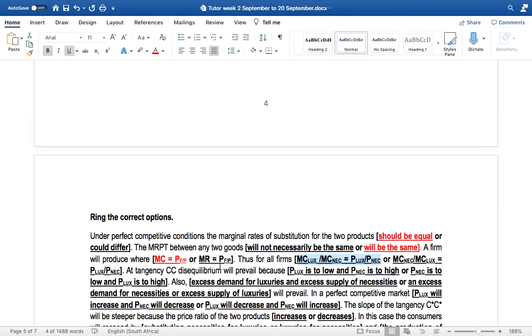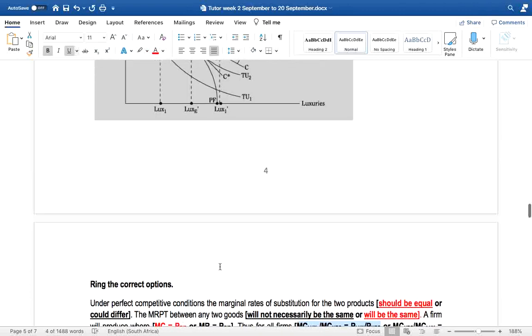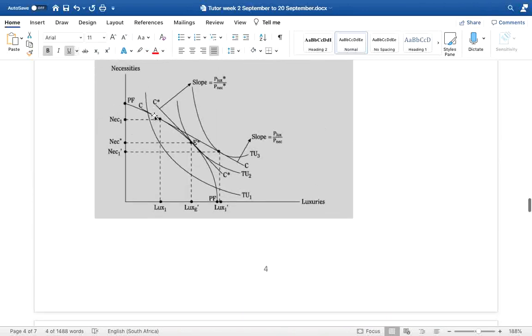At tangency CC, this equilibrium will prevail. Okay, let's look at the graph. So we have our line tangency CC right there. For the firm, they will produce at this point luxuries and necessities, and then individuals would be demanding as much. So at this point we can see there is excess demand of luxuries. As you can see, luxuries is beyond our production frontier, so there's excess demand of luxuries and excess supply of necessities.